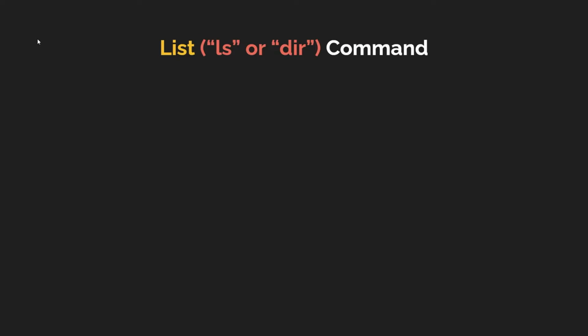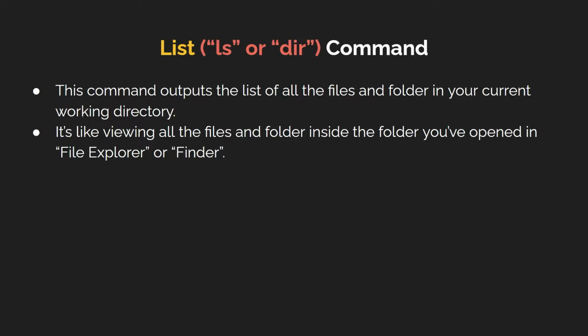The next command we are going to learn about is the list command. What a list command does is it gives you the list of files and folders that are in your working directory. You have opened up a folder in File Explorer or Finder, and you can see all the files that are in this folder, right? That's what this command does. It gives you all the files and folders that are in your working directory. So let's try it.